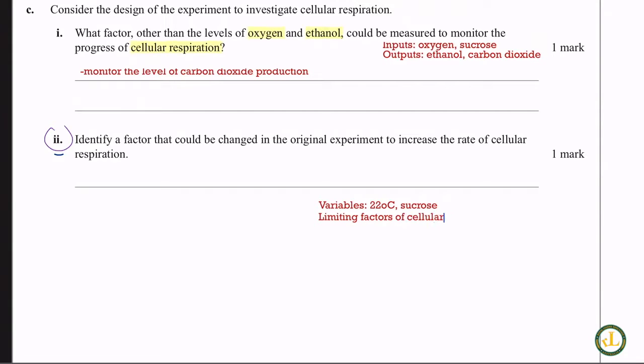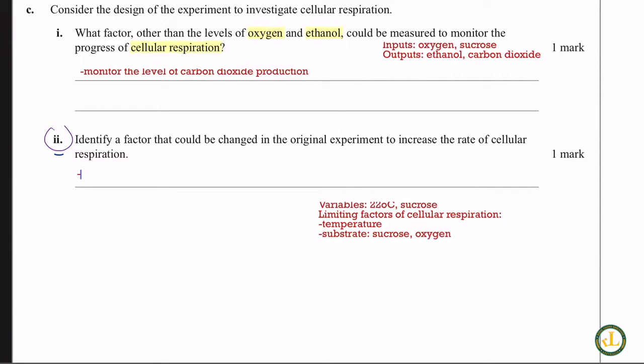With this question, we think about what the limiting factors of cellular respiration are. If you would remember, going back to our lessons from term 1, you should be able to remember that this includes temperature, includes substrate, which is sucrose used in this scenario, could be our other substrate, which is oxygen. So pick and choose any of these factors.